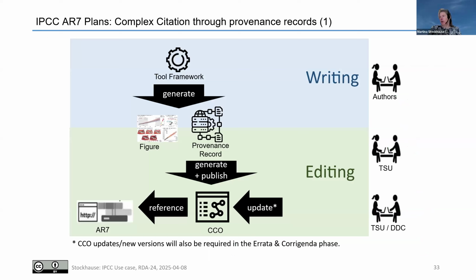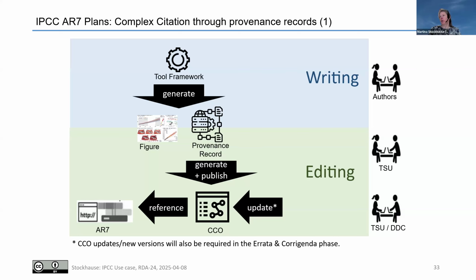Yeah, and finally, what we plan or what we have started to do for AR7 to go forward. At the start, I mentioned that we need to support the authors better. So we got in touch with tool providers to work with them so that the information we are asking for is generated by these tools.